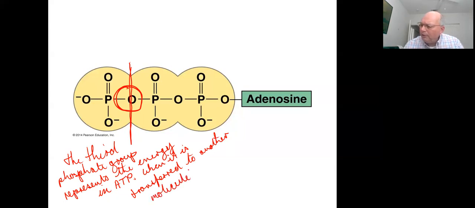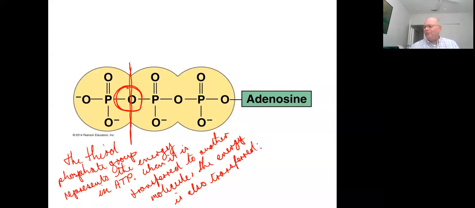So when we transfer the phosphate to another molecule, the energy is also transferred. And this is actually the basis for using ATP as a source of energy in cells.